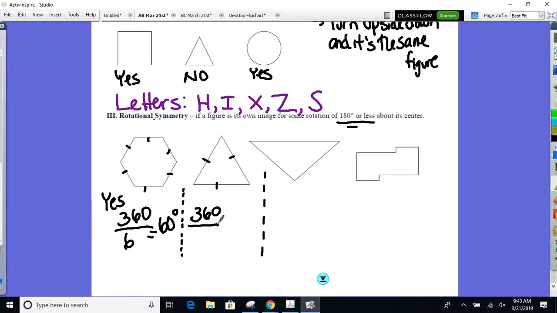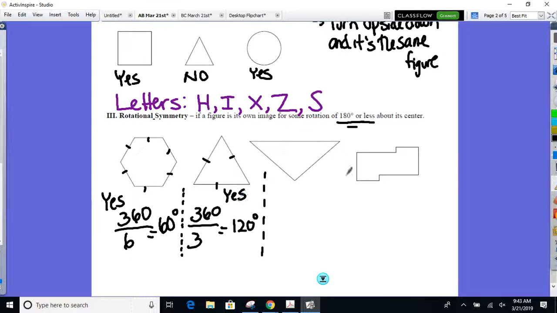How many times could I turn it to get this same triangle back before I got to the beginning? 3, the number of vertices. So do I get something less than 180? I get 120 degrees. All right, so yes, this does have rotational symmetry.